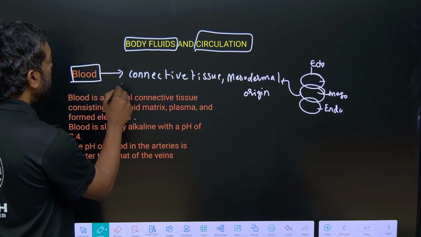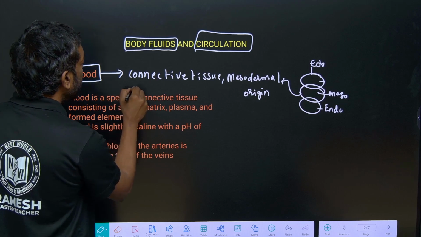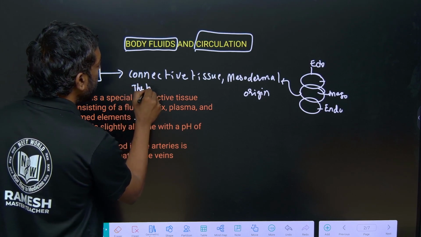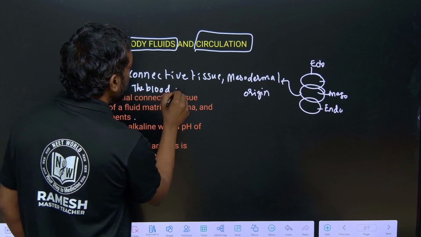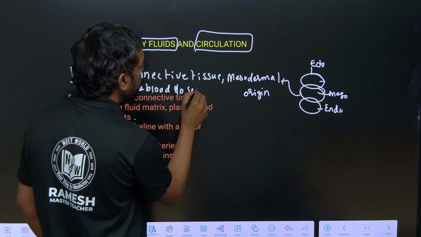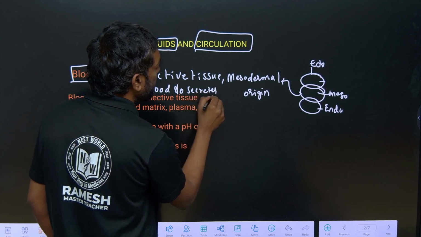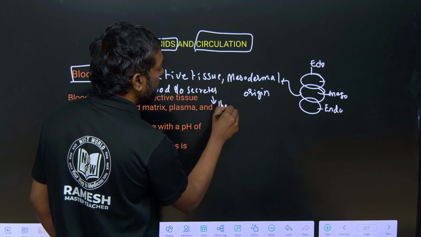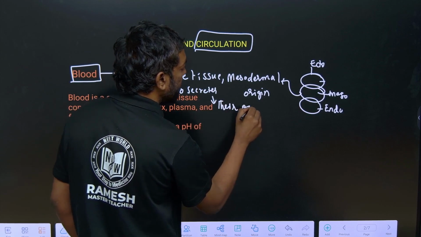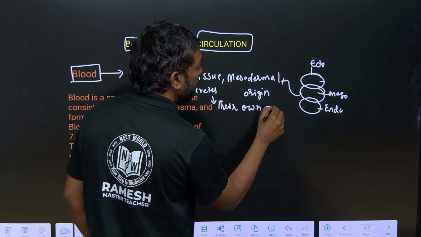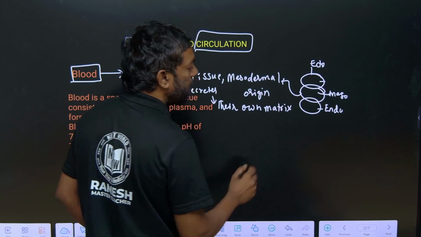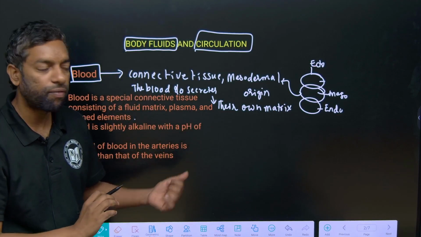Blood does not secrete its own matrix, it is a fluid tissue.